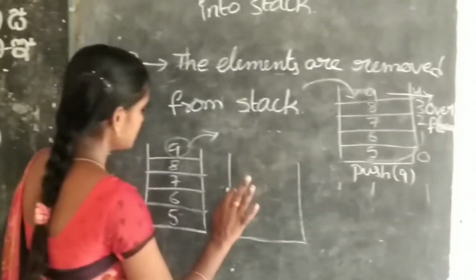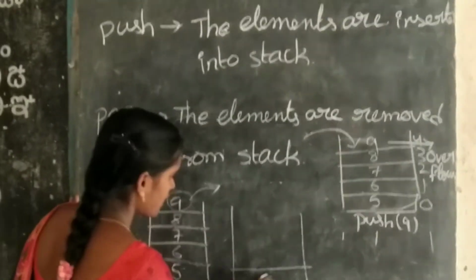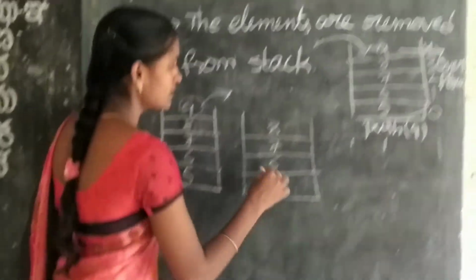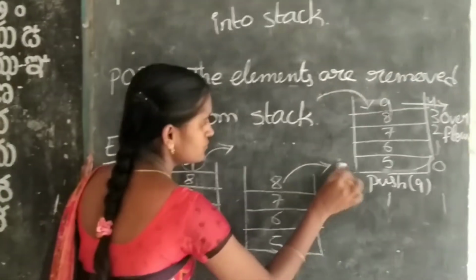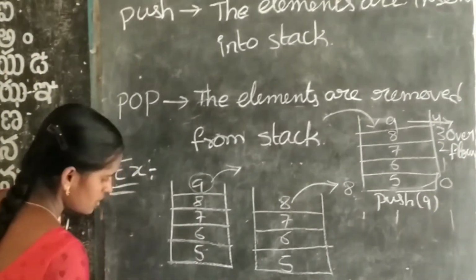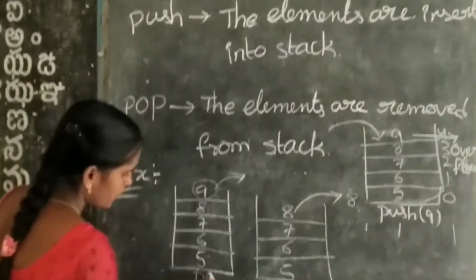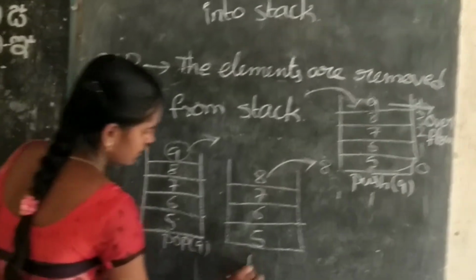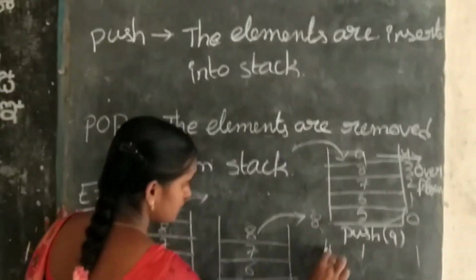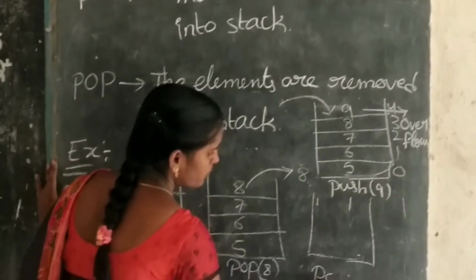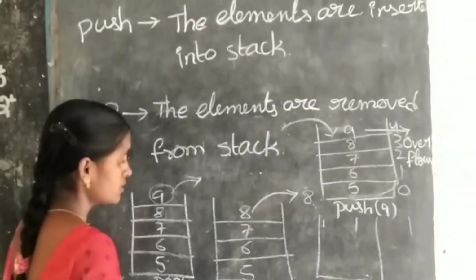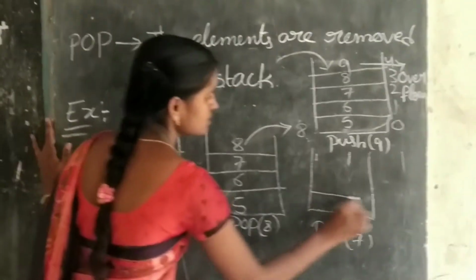9 is deleted. After that we have 5, 6, 7, 8, and again we remove the 8 from the stack. Next we have pop of 9 and pop of 8. Next, pop of 7. That means we remove the element 7 from the stack.